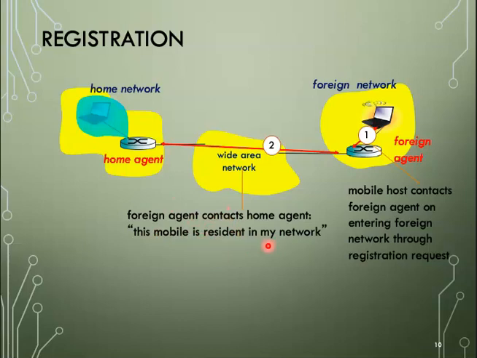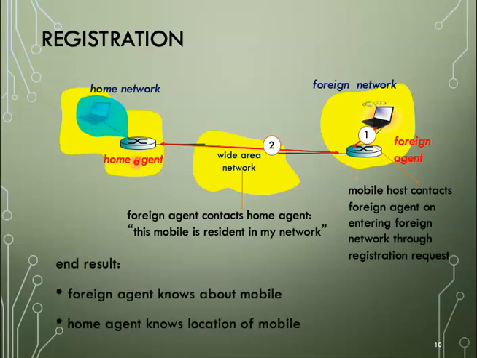Note that the home agent now knows the address of the foreign agent because the IP packet used for relaying has the IP address of the foreign agent as the source address. So a registration reply is sent from the home agent to the foreign agent and then relayed to the mobile host.